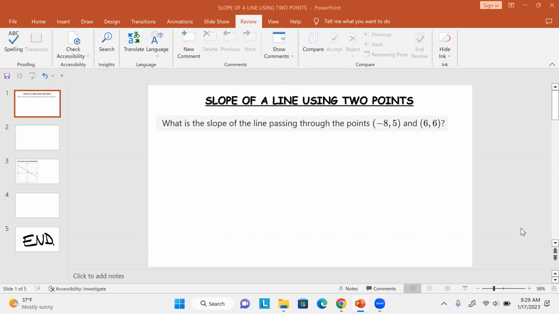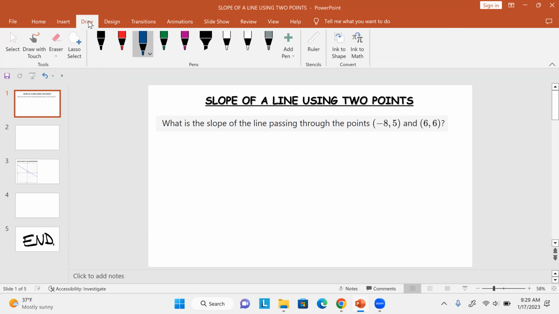So we have to understand that when they say point, a point in x and y coordinates has 2 coordinates, the x coordinate and the y coordinate. So we have the point -8, 5, and you have the point 6, 6.